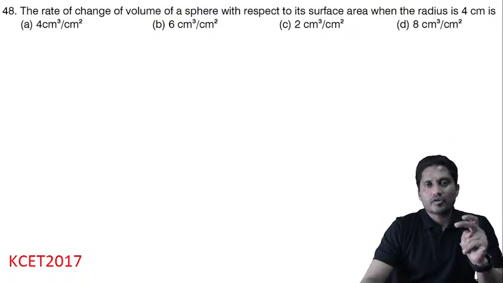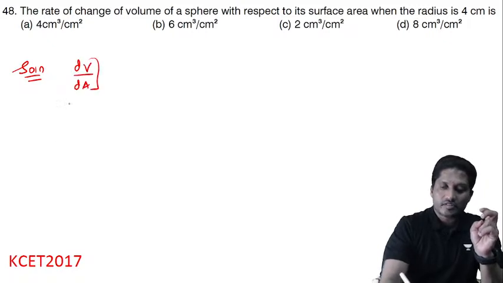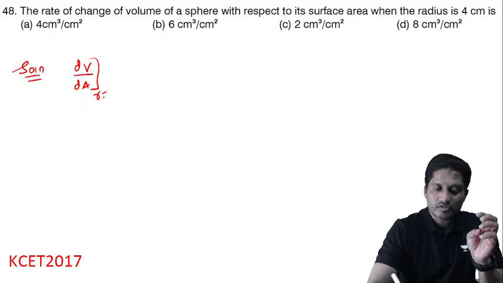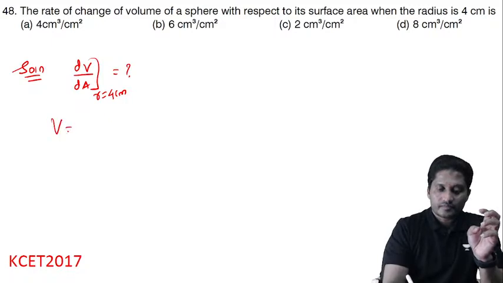The rate of change of volume of a sphere with respect to its surface area. That is, I am supposed to find dV by dA when the radius is 4 centimeter, when r is equal to 4 centimeter. Right, volume of a sphere is 4 by 3 pi r cube.